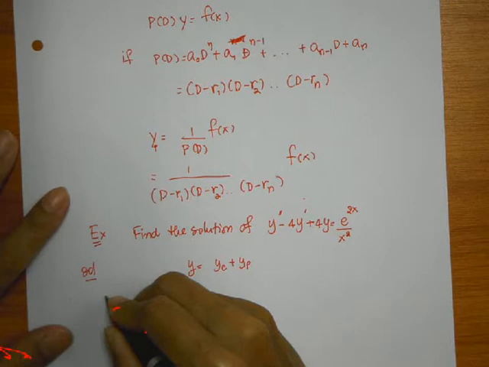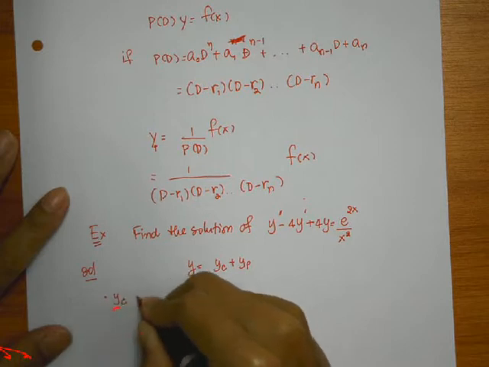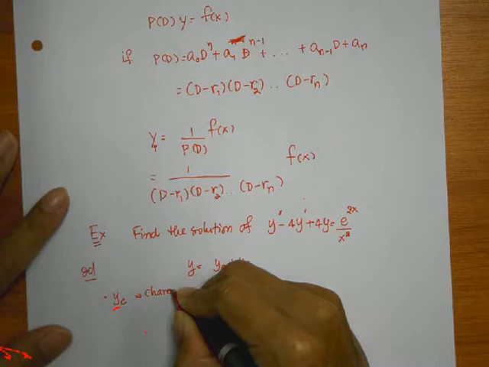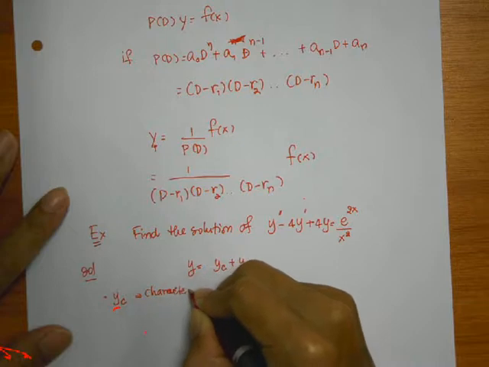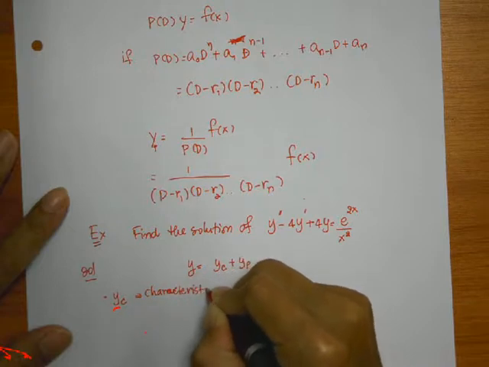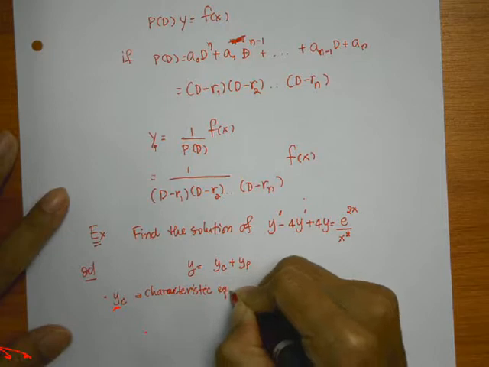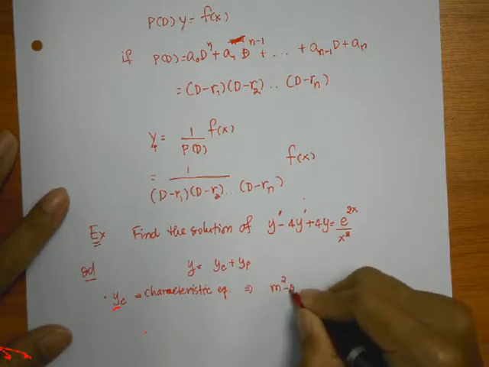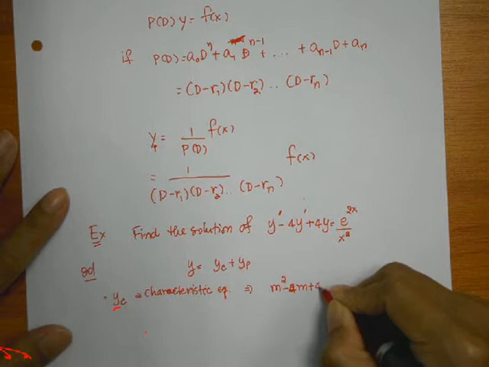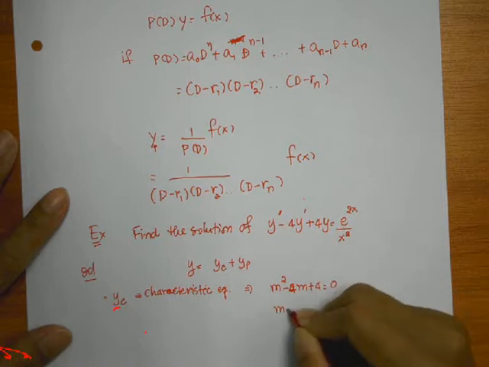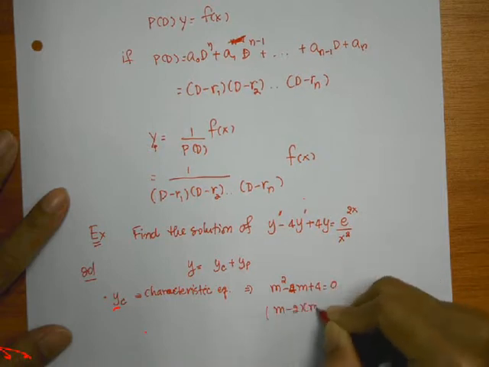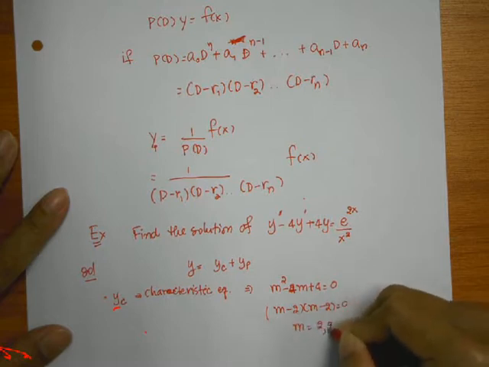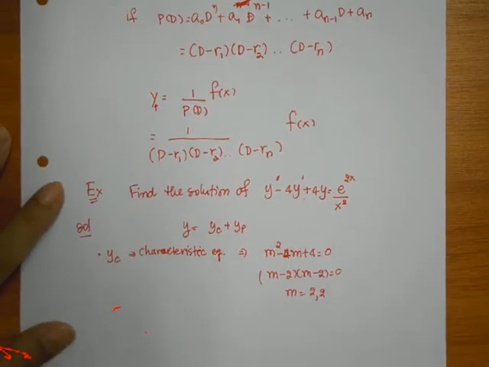To find yc, you've got to find the characteristic equation, which is m squared minus 4m plus 4 equal to 0. So you find m, which is 2 and 2. It's a repeated real root. So for a repeated real root, what is yc?